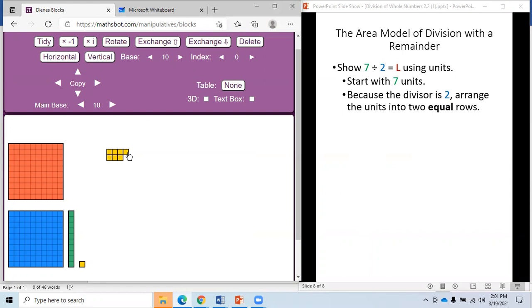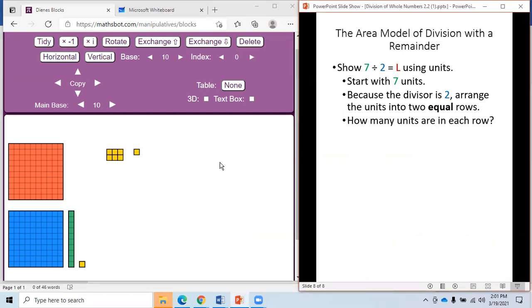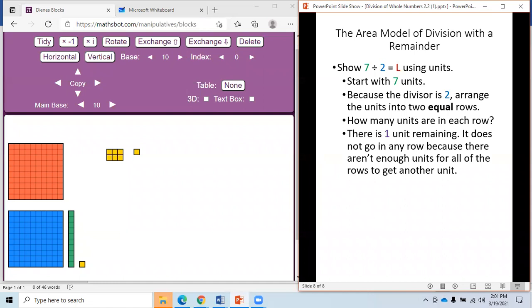In order to make the rows equal, I have to remove that 1. I can see in my rectangle now, I have 3 units in a row. There's 1 unit remaining. It doesn't go in any row because there aren't enough units for all of the rows to get another unit.